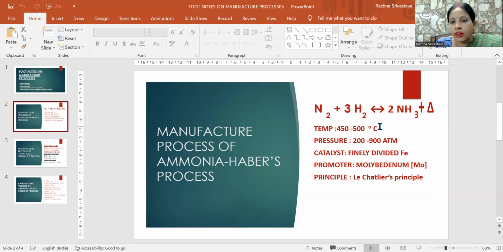So we need the rate of forward reaction to dominate the rate of backward reaction. Because when the rate of forward reaction dominates, the yield of ammonia will increase. It's an industrial process. And the rate of backward reaction will be minimized, so less ammonia will change back into nitrogen and hydrogen. I hope Haber's process is clear to everyone.